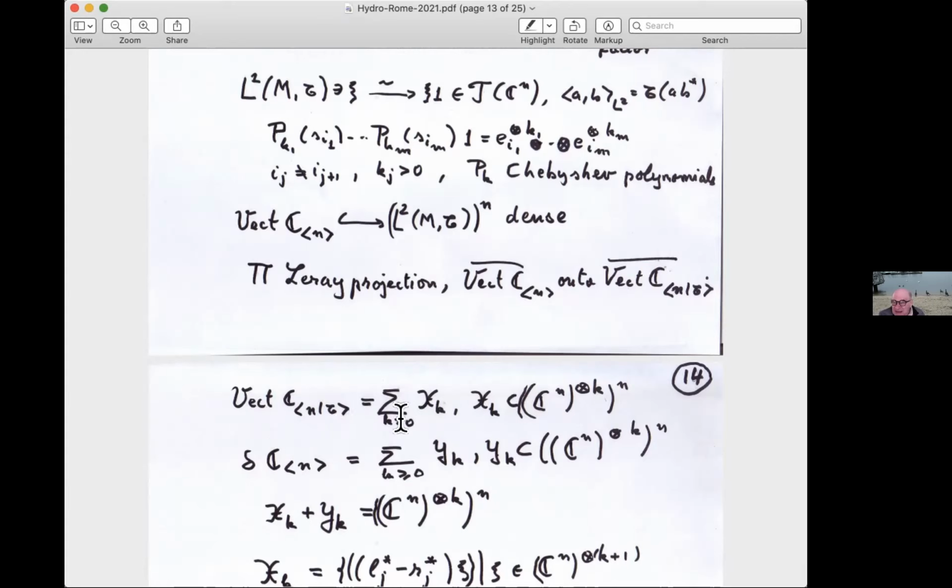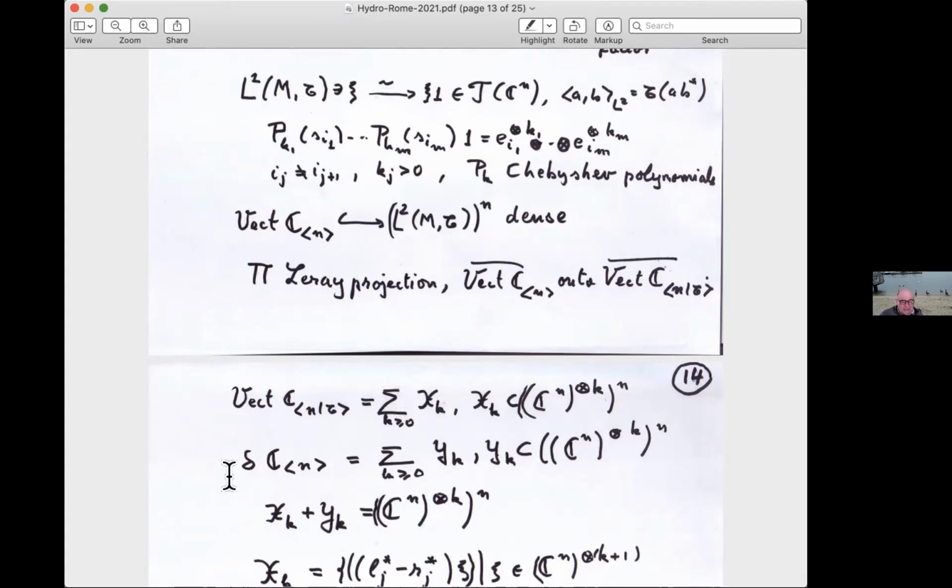It's a direct sum of orthogonal components in the various degrees. This is something which happens also in the classical Gaussian setting with Hermite polynomials for these Euler equations. You have the divergence-free vector fields. They also decompose orthogonally with respect to the degrees.